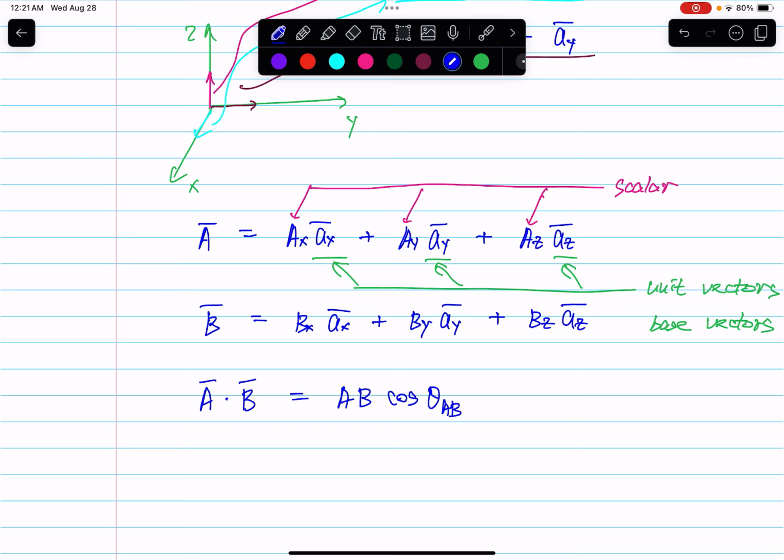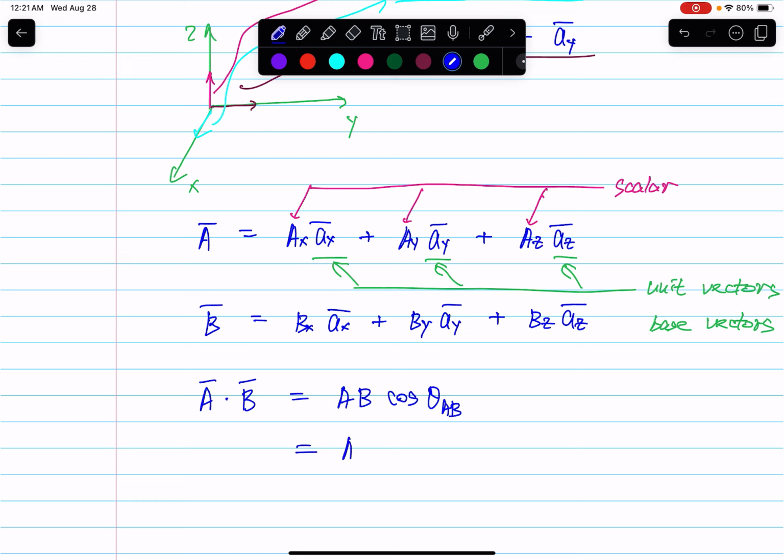This is one way of expressing it. But in case you already know the x, y, and z components of a vector, we can also calculate A dot B in this way.